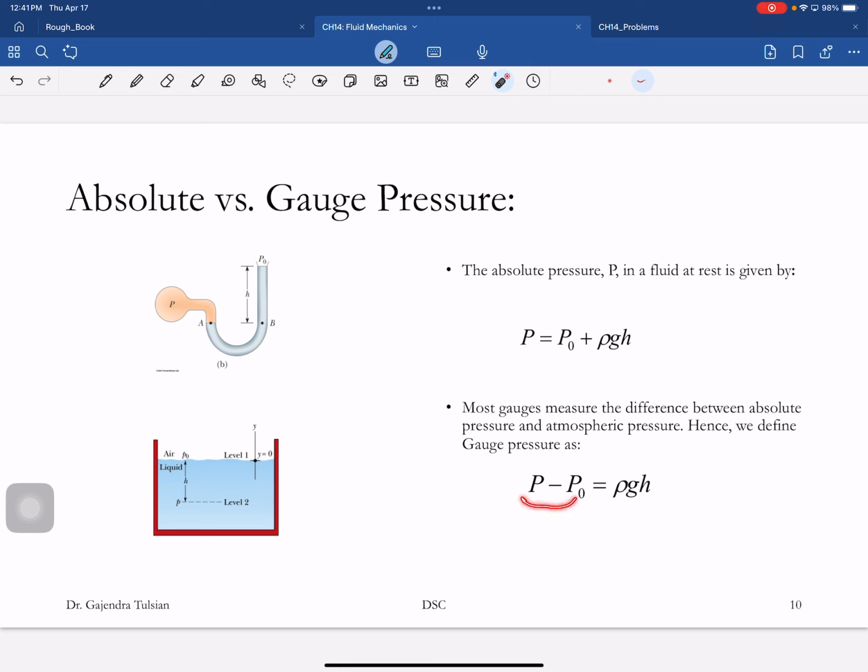So this is called gauge pressure. In your car tires, by the way, 1 atmosphere is about 15 PSI, and the pressure in your car tires is 30 PSI, but that's a gauge pressure. So the actual pressure in your car tires is 45 PSI.